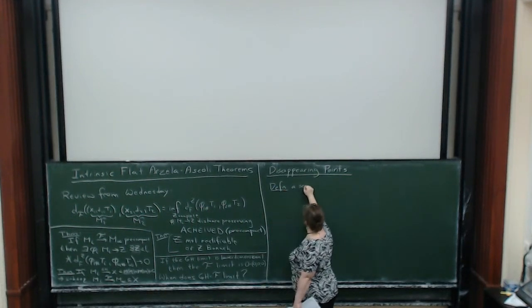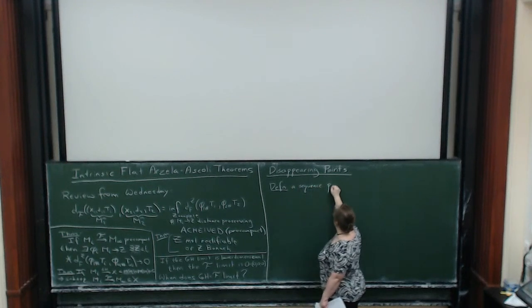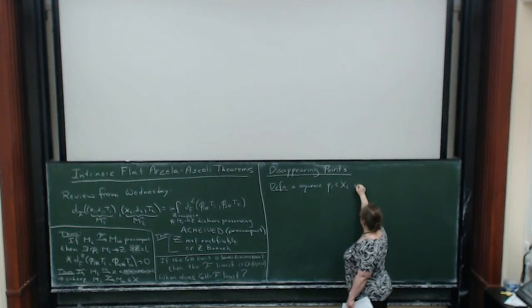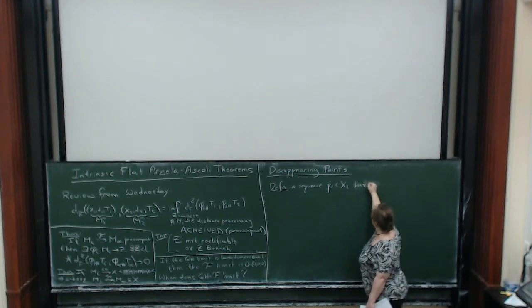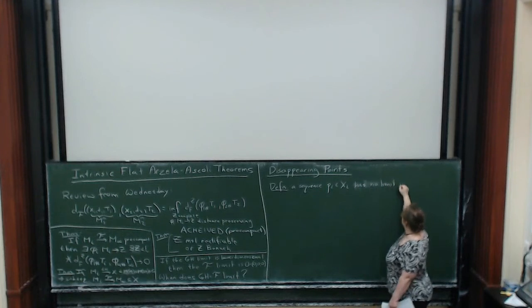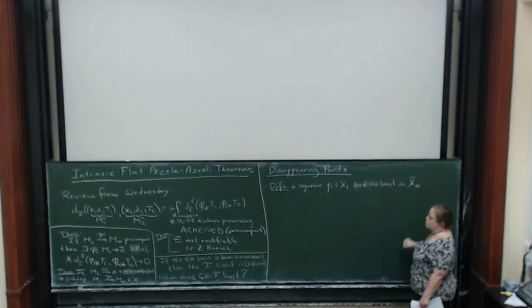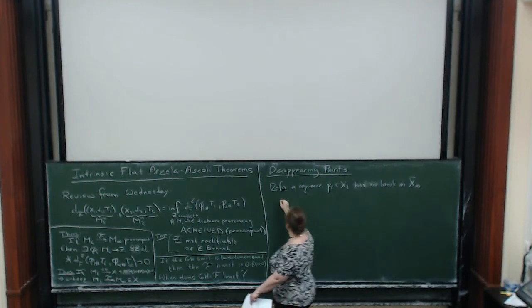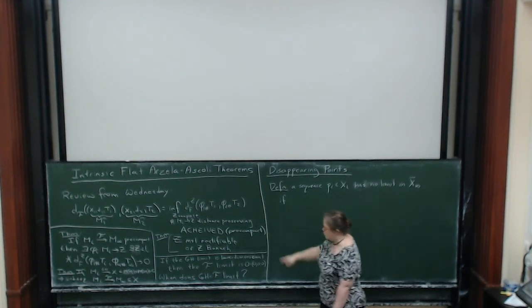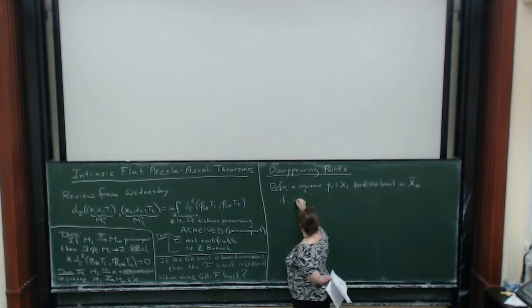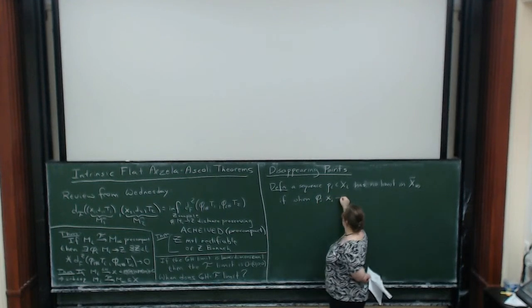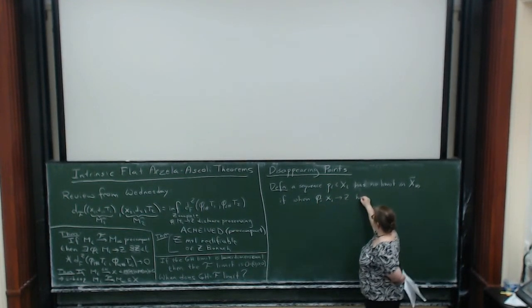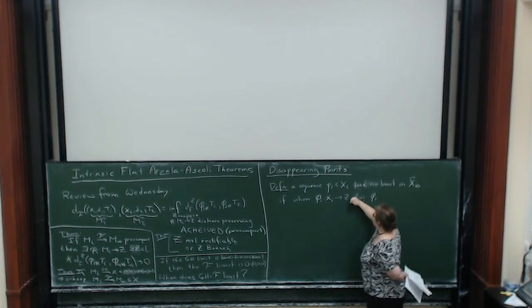So, definition: a sequence of points pi in Xi is disappearing. Let me not say disappearing, let me be very precise. Has no limit in X bar infinity, the settled completion. If, when you do this process, phi i taking Xi to Z has phi i pi satisfying star, that's why I said star there.